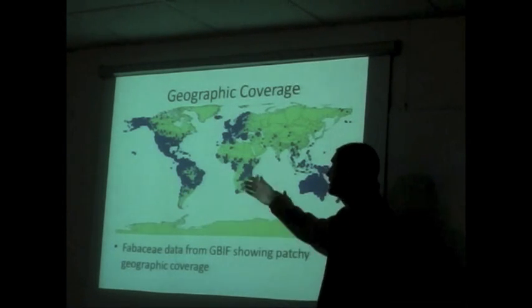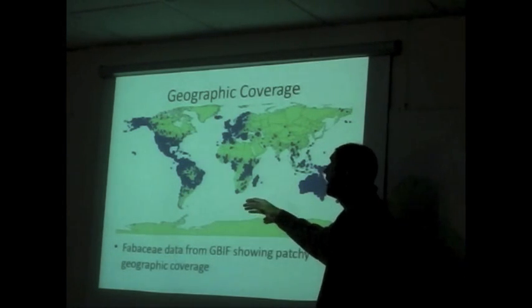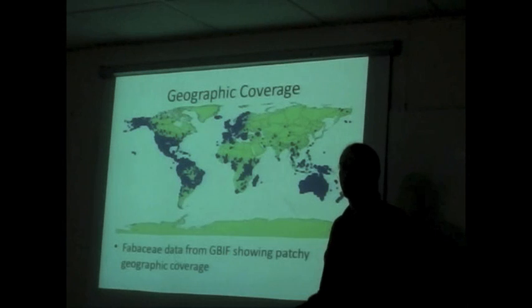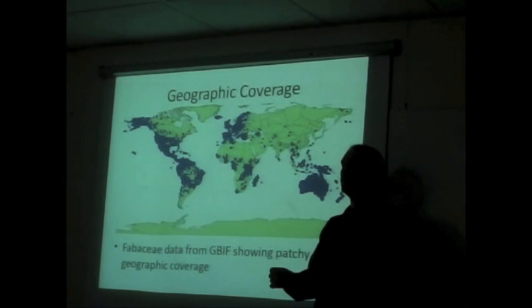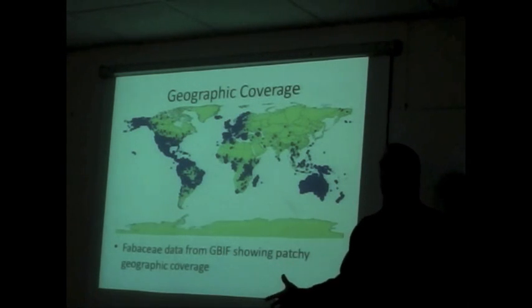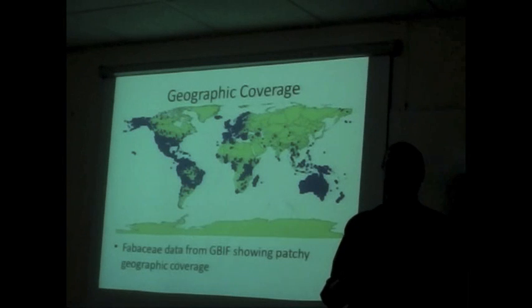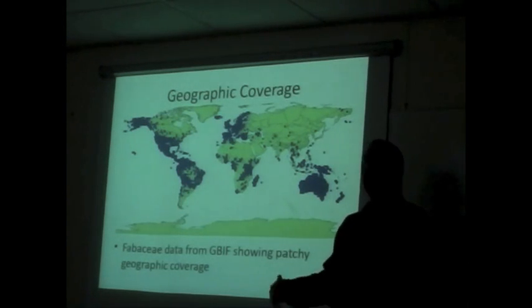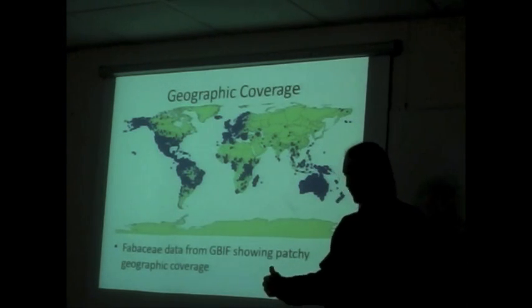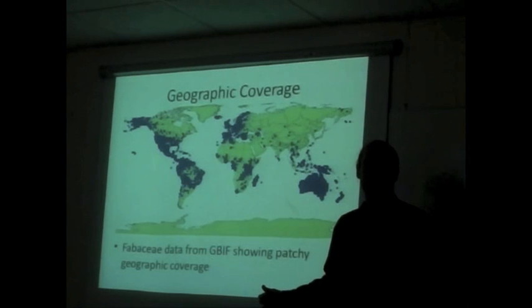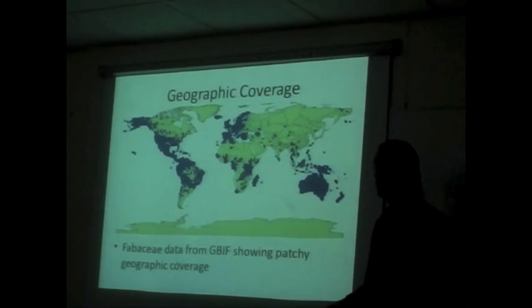Okay. And this is the case for many other countries. So there is not a one-stop shop that's going to give us all of our data. Okay, the more time and effort we put into looking for distribution data, the better our data set will be.